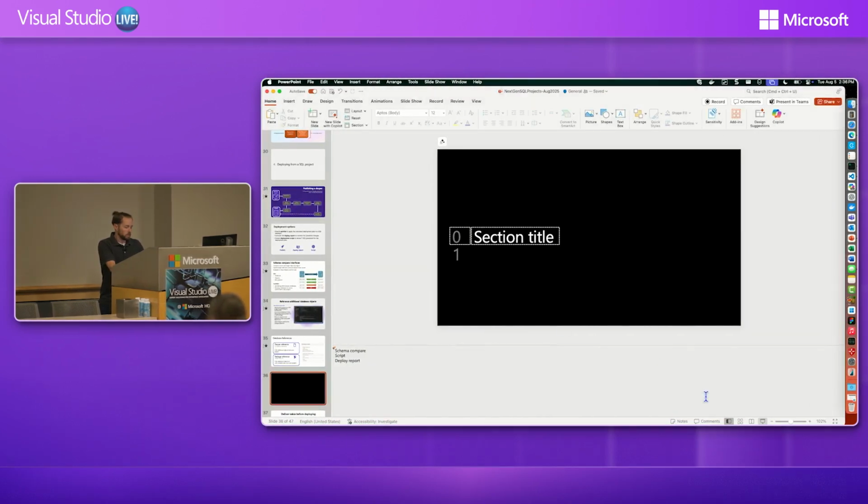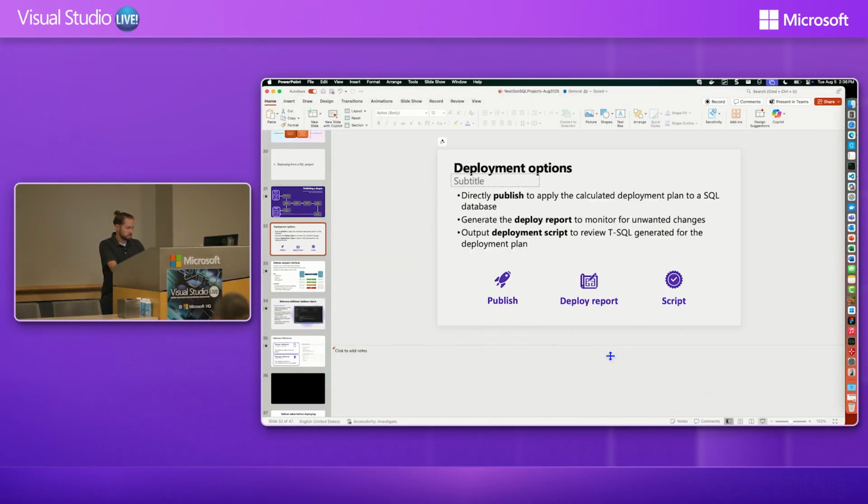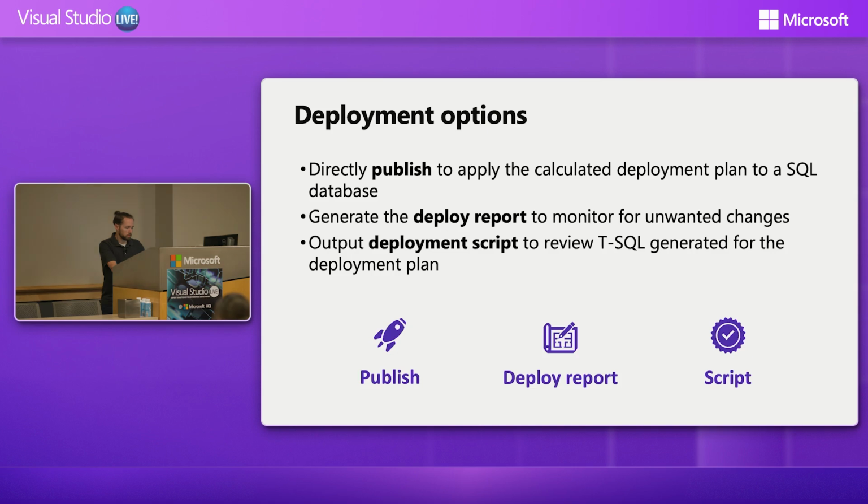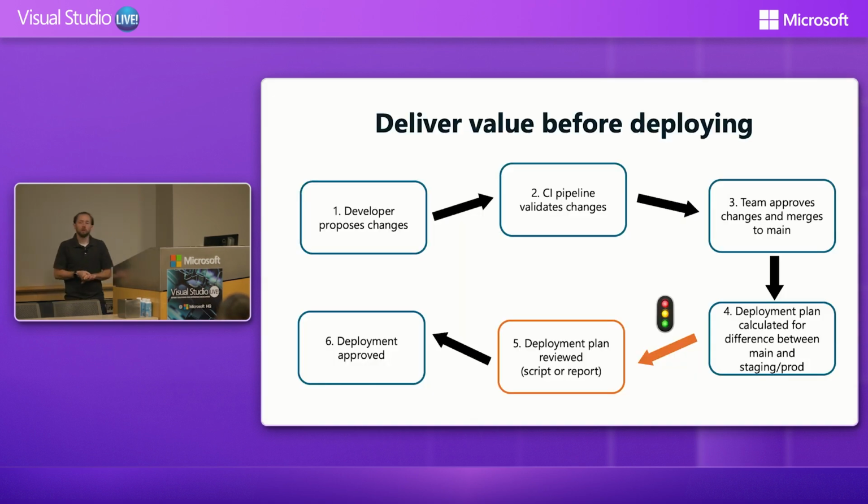So if I step back, this is why I say you have options for how you do your deployments, is you have those different levers. And if you think of this in terms of a deployment, how can you deliver value when you're not even deploying yet?